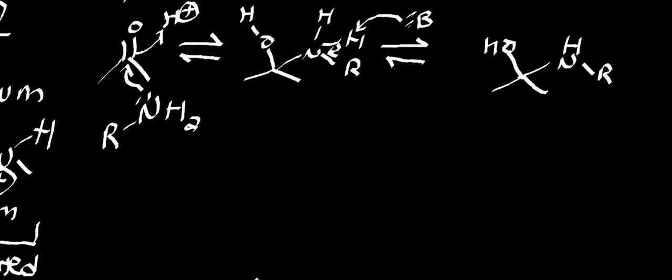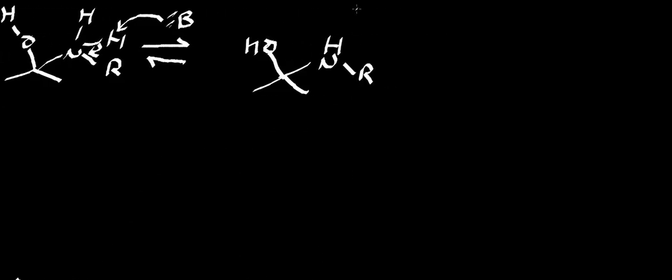What happens next? Well, recall that we actually generated the conjugate acid form of our base. So the very next step in the mechanism is that the hydroxyl group is going to do a nucleophilic attack and abstract the proton from the base, and that forces the electrons back up onto the base.